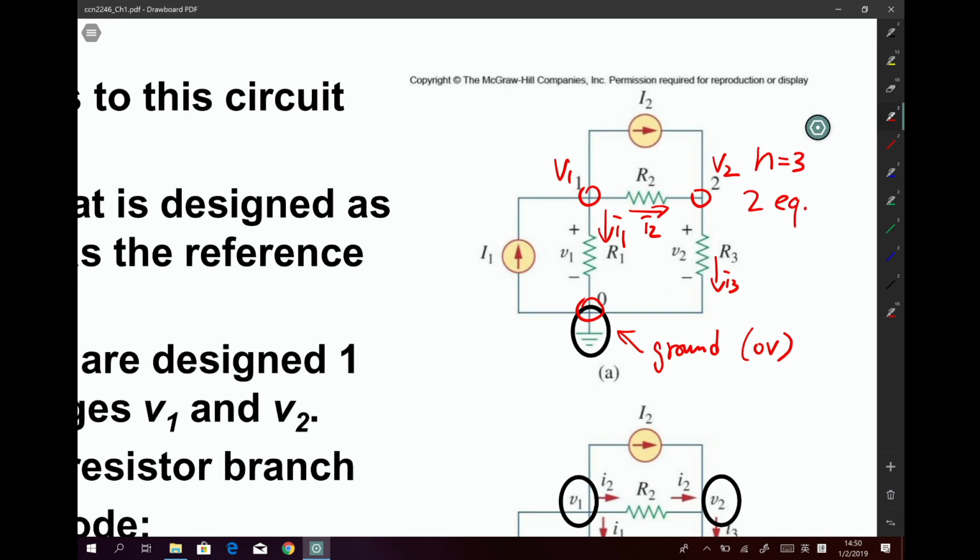Now basically it is up to you. Remember, starting from last week, we told you that the current direction is assigned by yourself. If you get a negative current, don't worry. It means that your assigned direction is wrong, and if you reverse the direction, you will get the positive current, right?